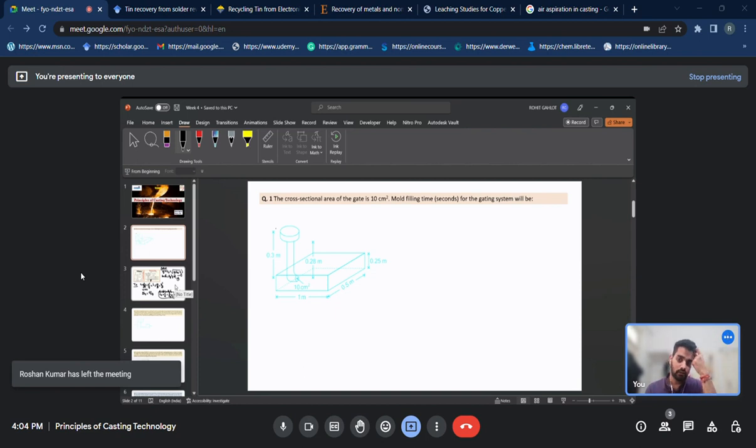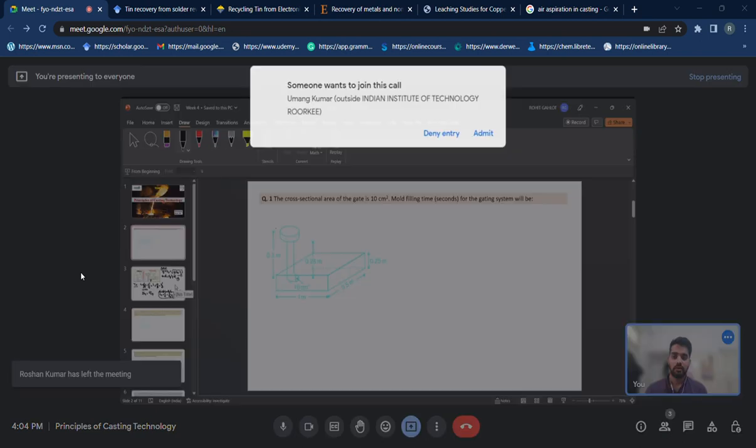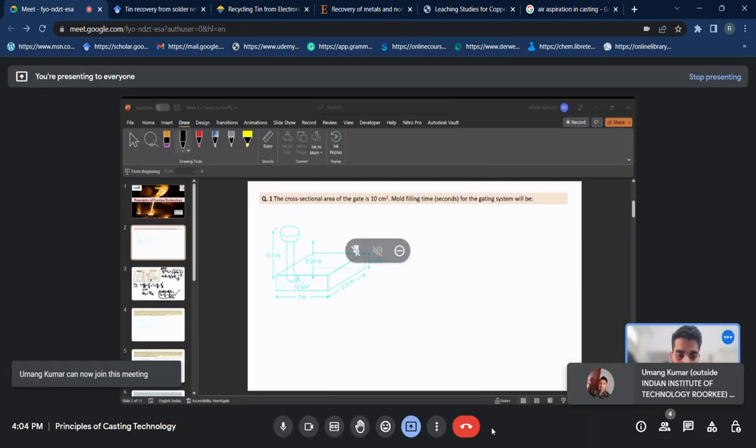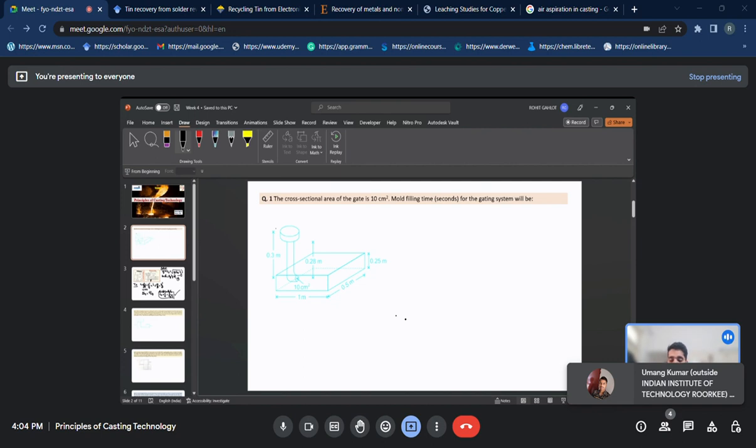Whenever you encounter any pouring or filling problem, you need to see whether it is a top gate, bottom gate or a parting line gate.